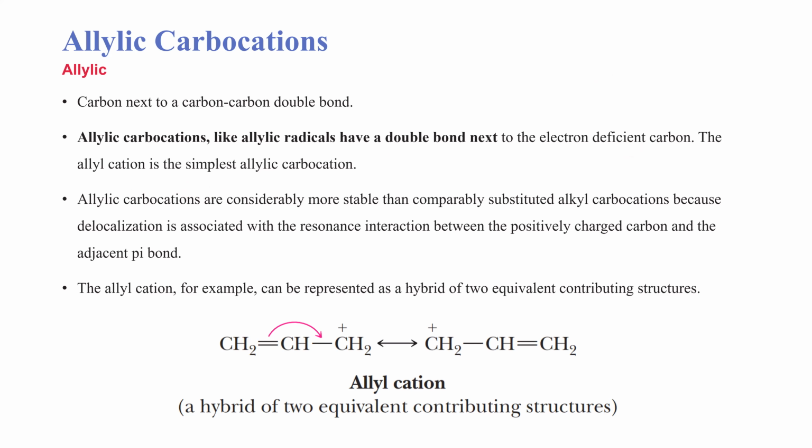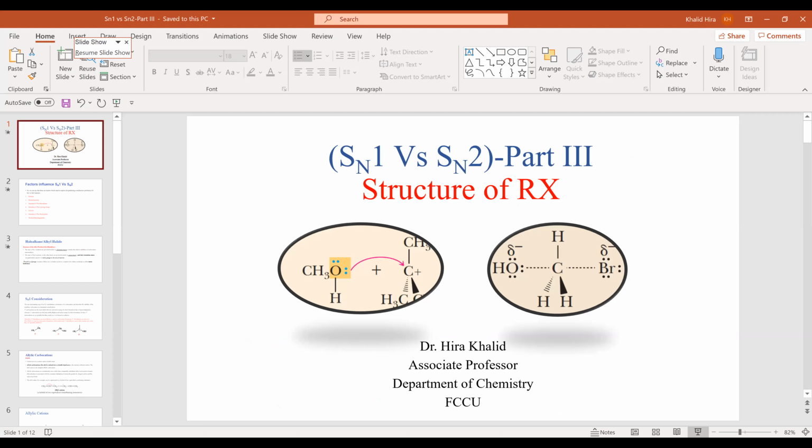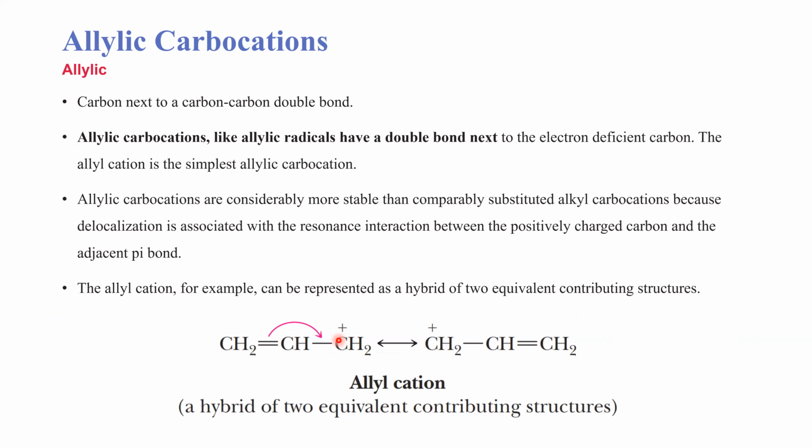So basically, this has the structure of this by the movement of this pi bond. So here you can see how this allylic group is influencing the stabilization of this carbocation.